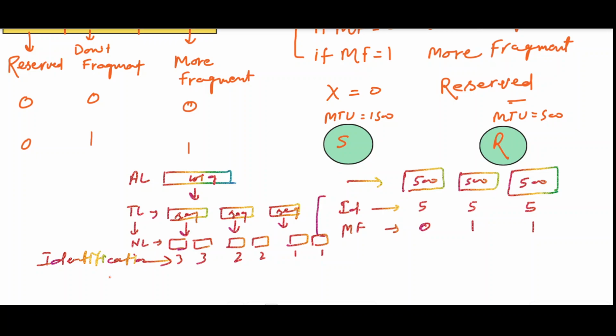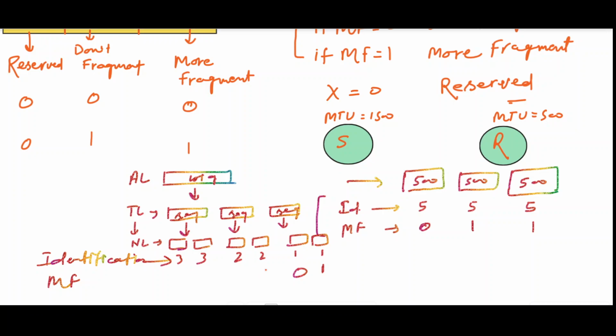Now here for MF, that means we are fragmenting, so here first is 1, second will be 0, because this is a whole packet, and this packet is divided into fragments.